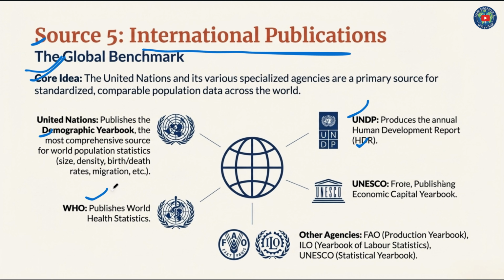WHO publishes World Health Statistics. UNESCO publishes its yearbook. Other agencies include the FAO Production Yearbook, the ILO, International Labour Organization, Yearbook of Labour Statistics, and the UNESCO Statistical Yearbook. These are some other sources of population data.